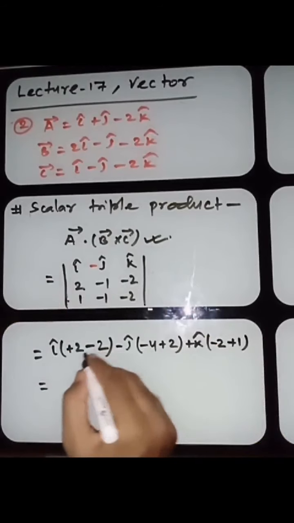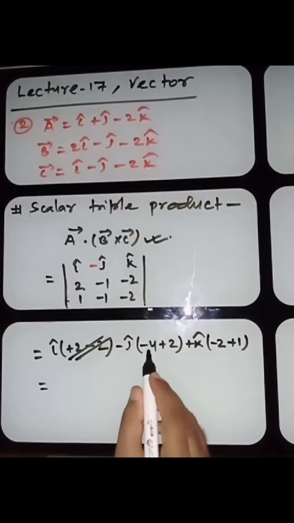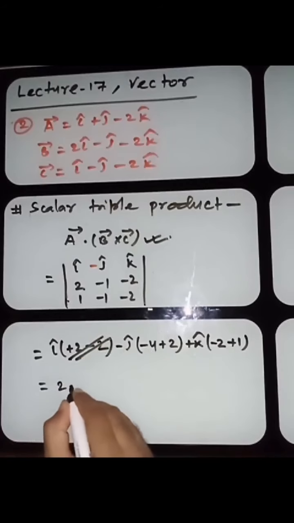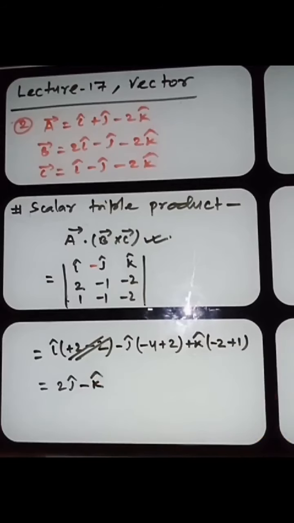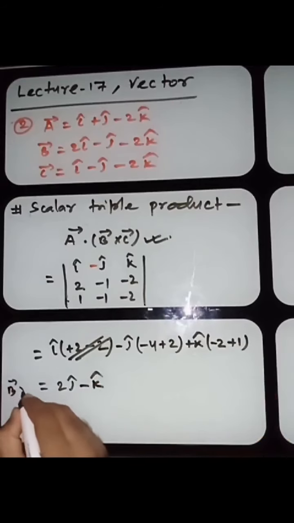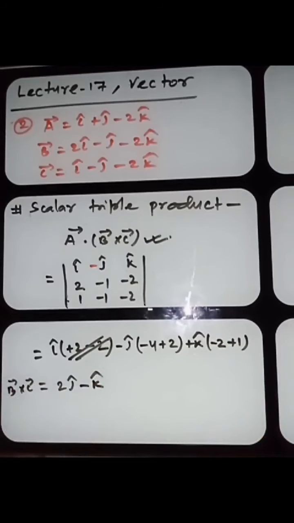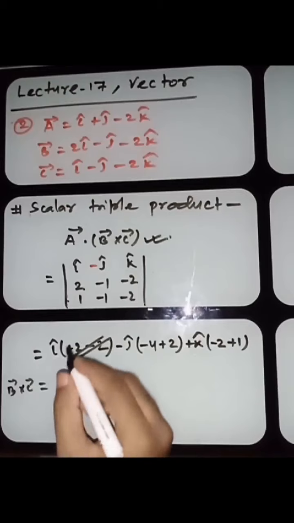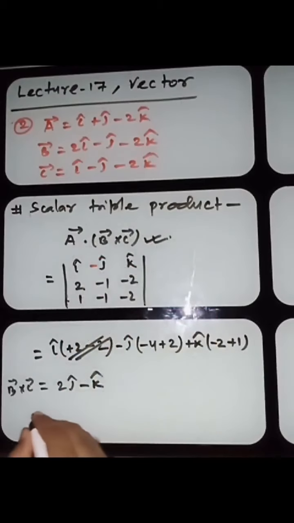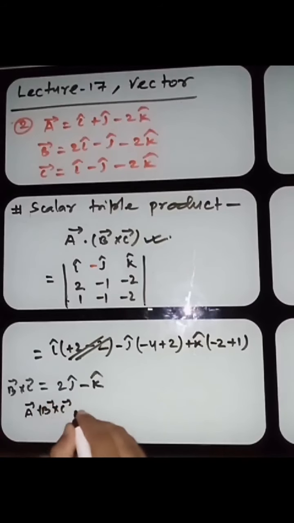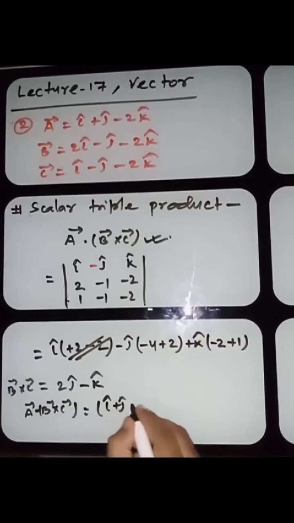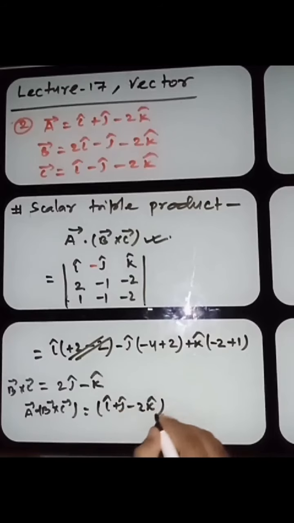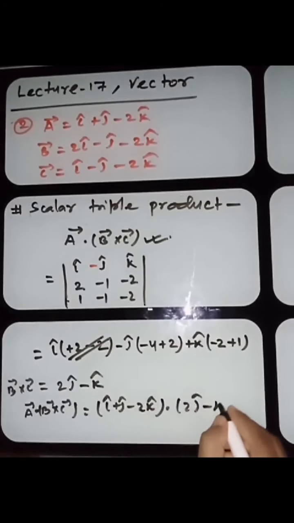Now what is the answer? This will be 0i, and it is minus minus 2, that is 2j, and minus k. I hope you understand, my dear student. This is B cross C. Now we have to find A dot B cross C. So A dot B cross C is i plus j minus 2k dot 2j minus k.